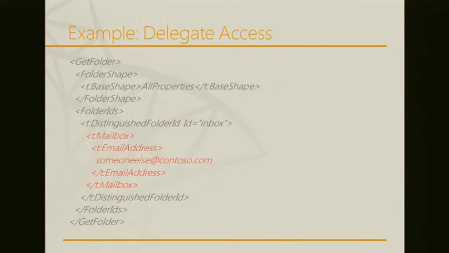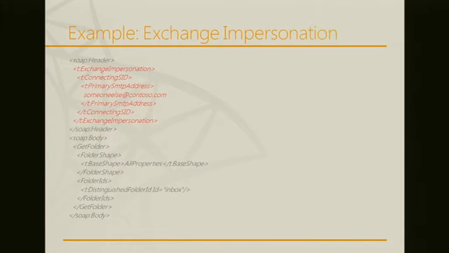On behalf of that user, you will be doing the operation, so add that particular header into the SOAP request. And for impersonation, you have to specify the primary SMTP address, right? And that's how you can do it for impersonation. So it's pretty simple: when you are asking for specific authorization, you do it using SOAP.